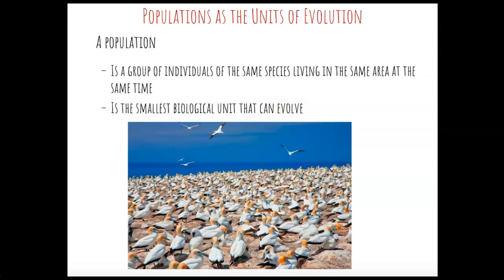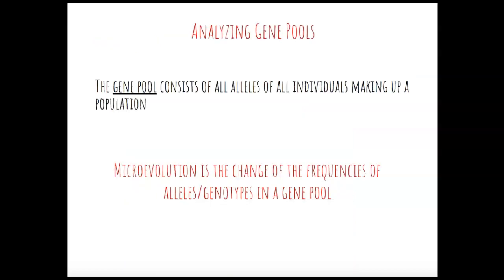And a population is the smallest biological unit that can evolve. Individuals cannot evolve, populations evolve, and so this is the smallest unit of a biological organism that we can study for evolution. So in population genetics, we are analyzing gene pools. The gene pool consists of all alleles of all individuals making up a population.